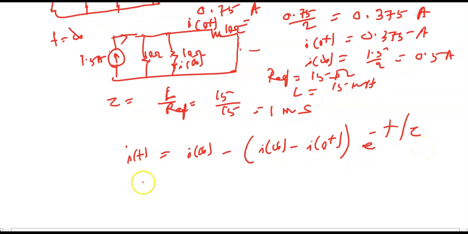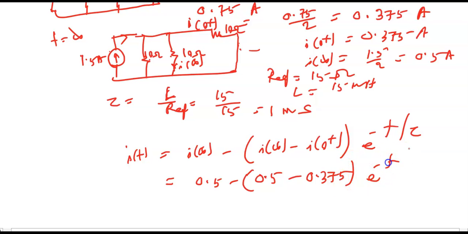So your I infinity, how much you got? That is 0.5 minus, I infinity 0.5 minus I0 plus, that is 0.375, then e to the power minus t upon 1 millisecond.